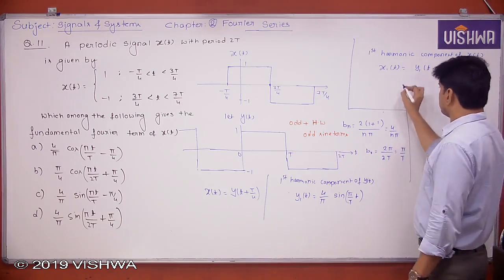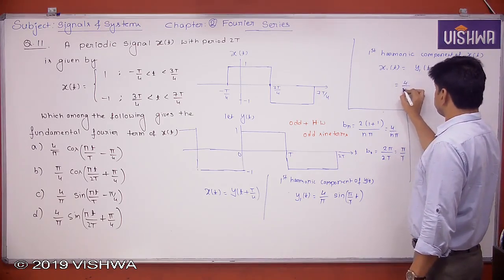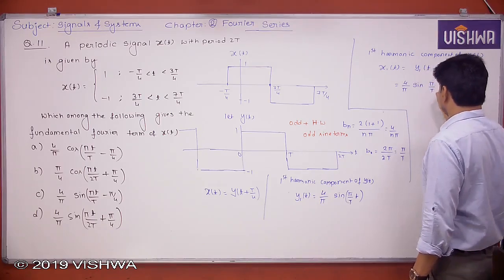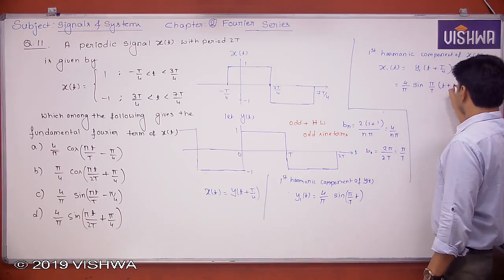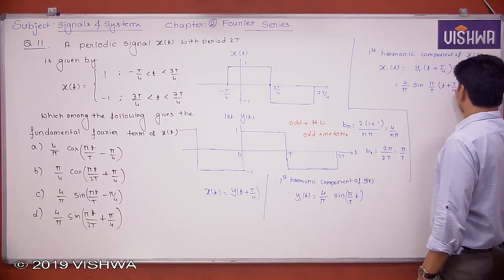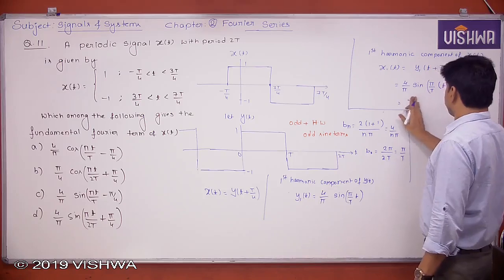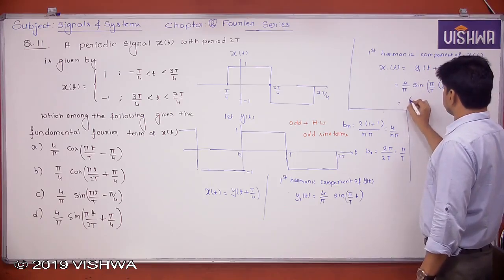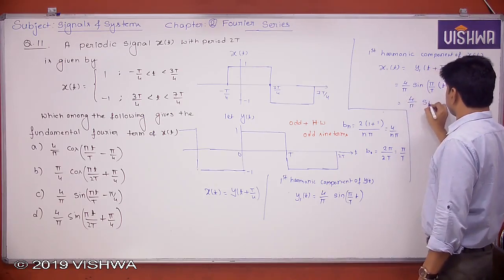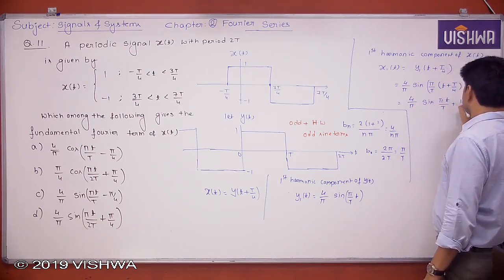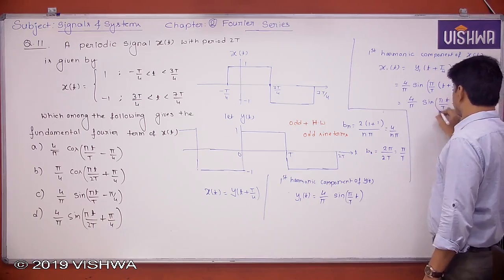Then what will happen? 4 by pi sine pi by capital T, wherever t is there, that is replaced with t plus T by 4. Then finally 4 by pi sine pi t by capital T, T get cancelled, plus pi by 4. So this is what we got.